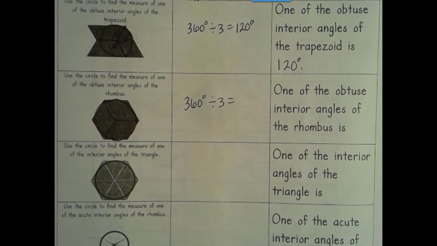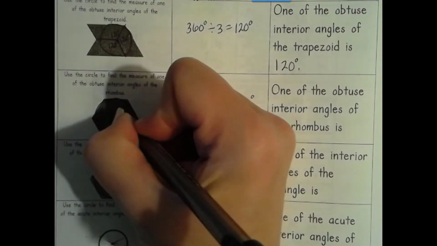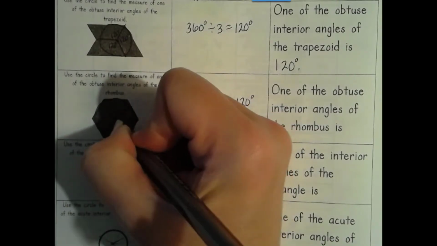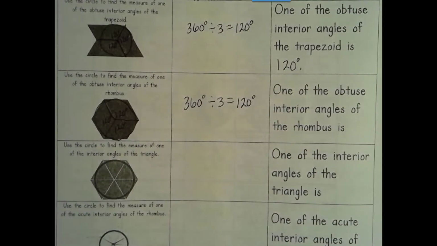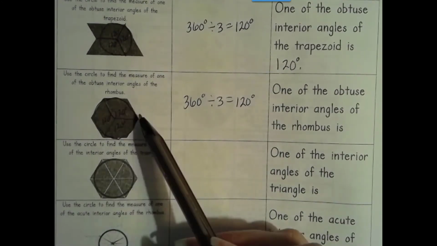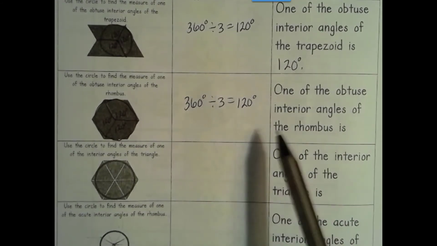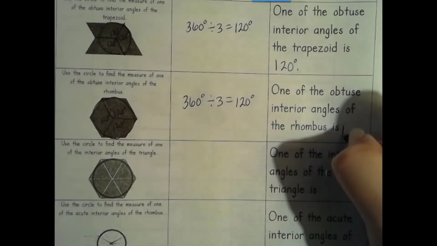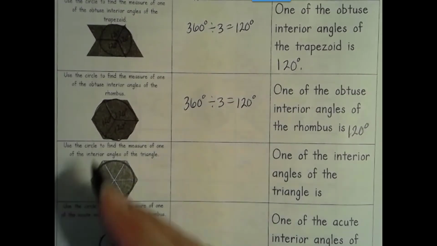If I divide it into 3, we already did the work, we know is 120 degrees. So each of these obtuse angles is 120 degrees. This would be the blue rhombus shape in the pattern blocks. Now we're only talking about the obtuse angle because the acute angle would be less than 90 degrees. So one of the obtuse interior angles of the rhombus is 120 degrees. That's of this blue one.